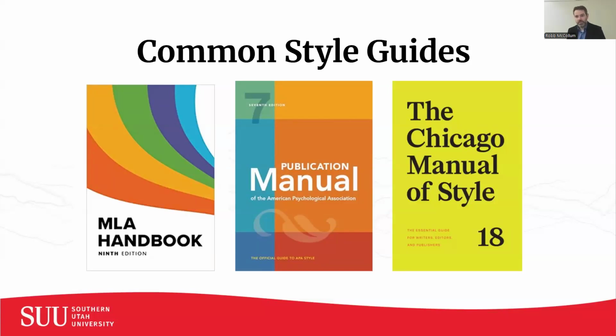This is used primarily in the fields of humanities, writing about literature or the arts. And the middle one here has the American Psychological Association. This one's used primarily in social science and some science fields. And then the last one here, Chicago Manual of Style, is used a lot in history writing.